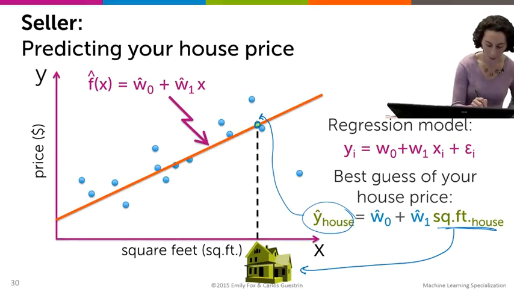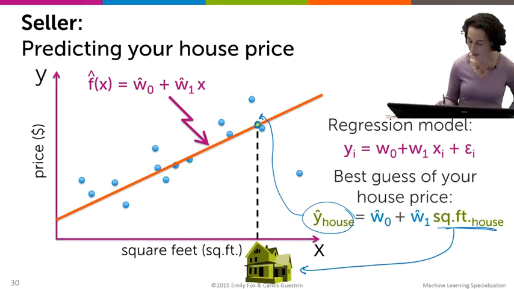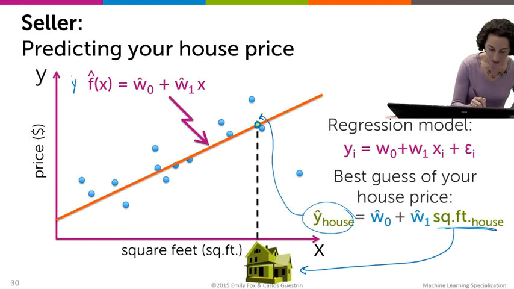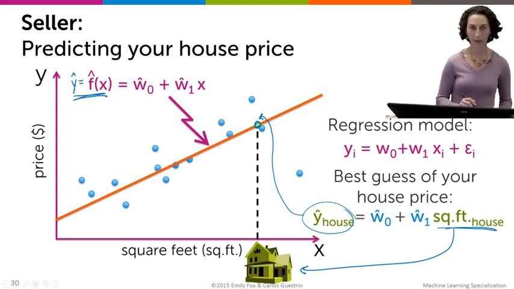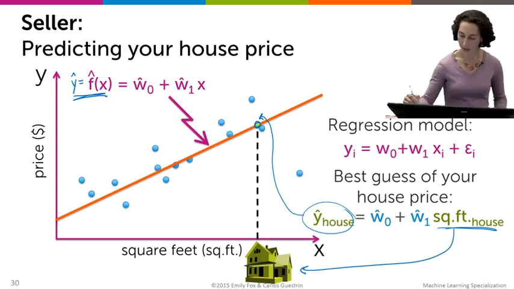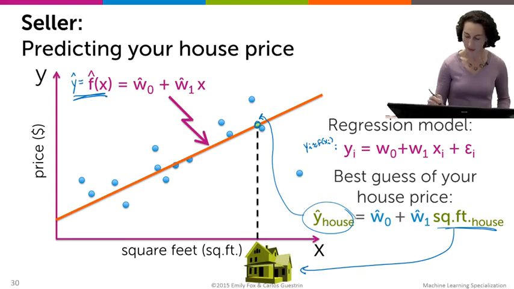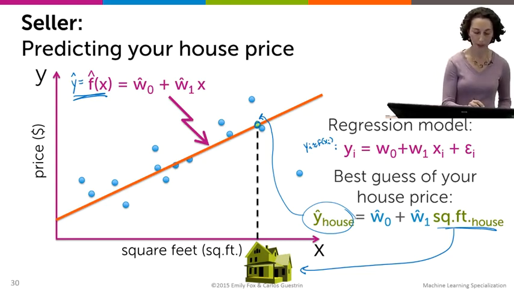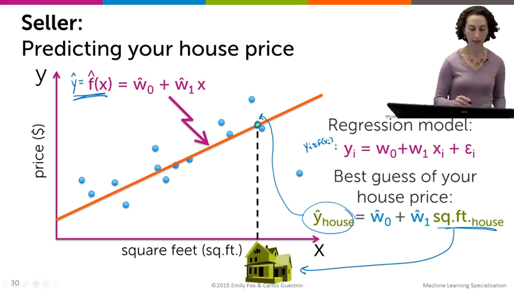I want to mention one more thing here. Y hat, that's our predicted value of the house. Y hat is exactly equal to f hat of x. Our model, remember, said that yi is approximately equal to f of xi. But when we go to do a prediction, y hat is exactly equal to f hat of x.